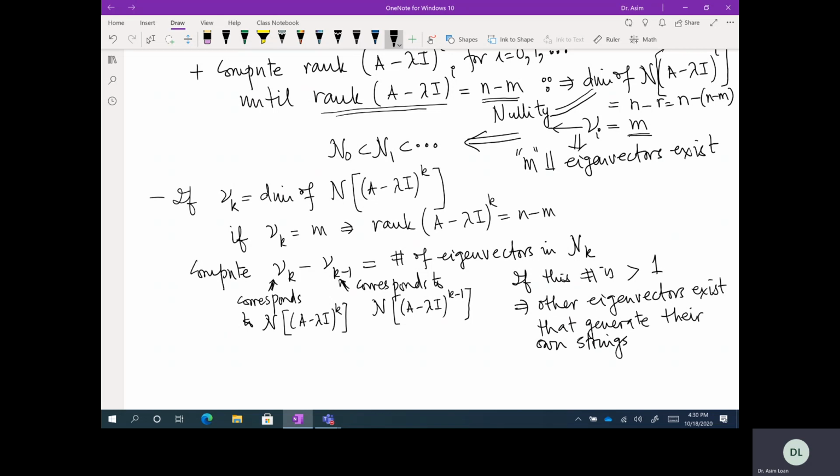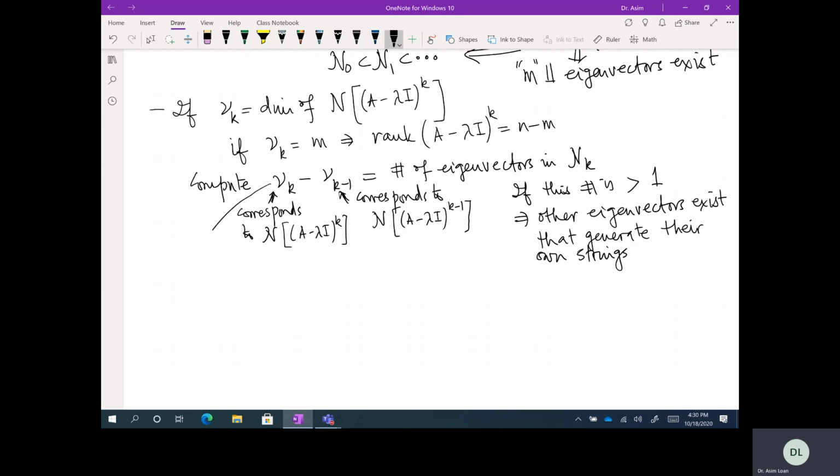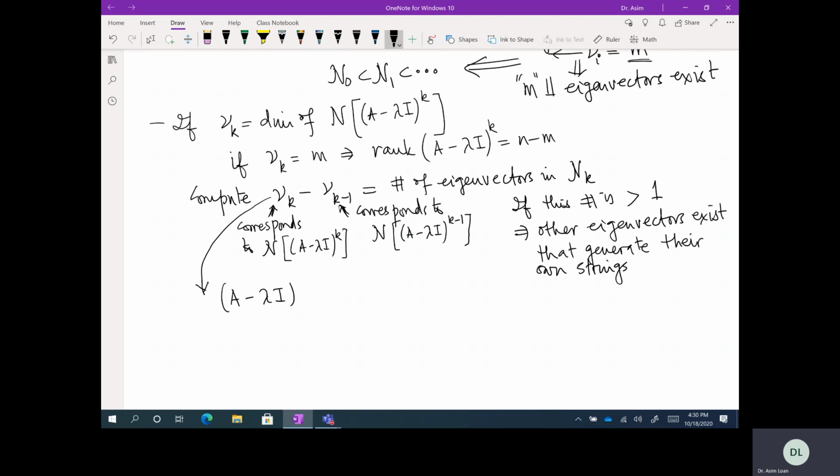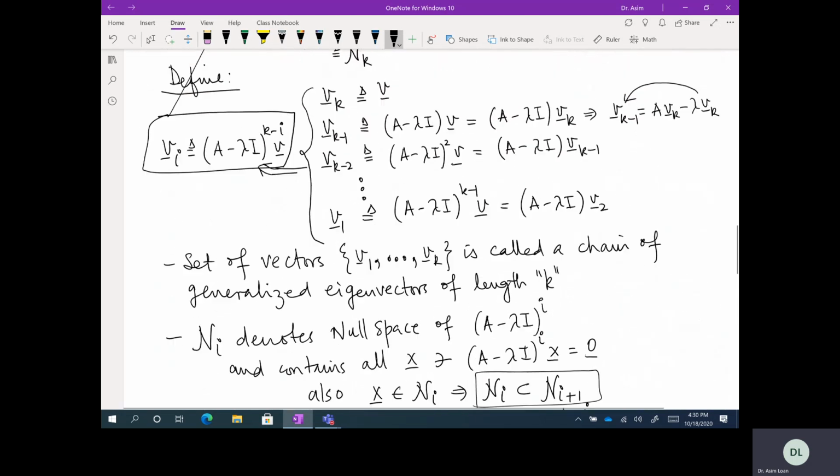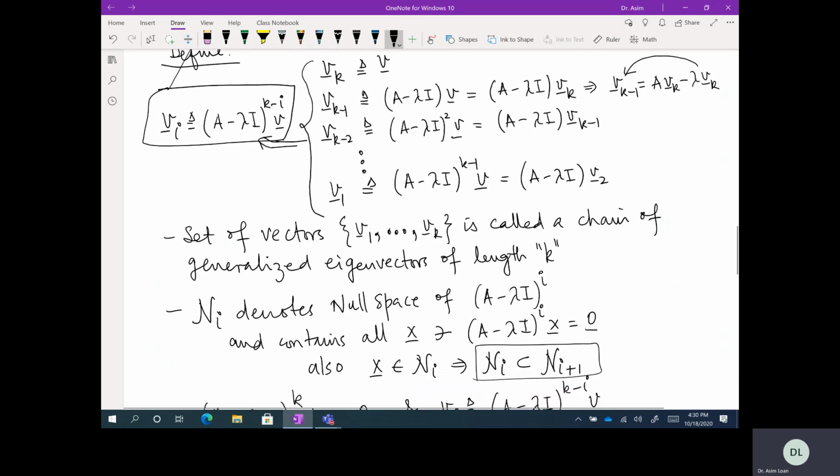Okay, so what we want to do is take this one, and we say A minus lambda I. This is again the reiteration of this algorithm.